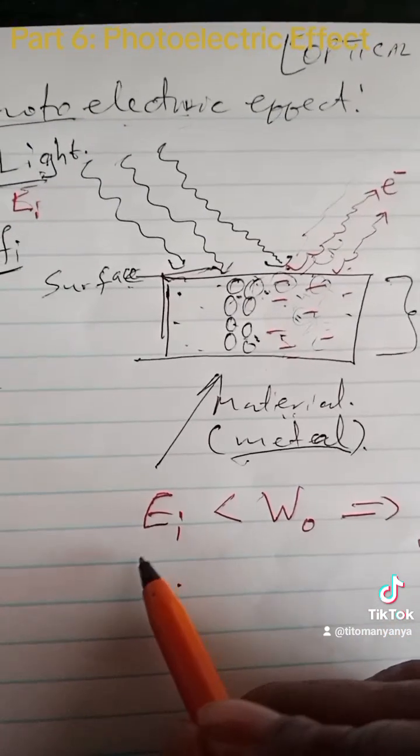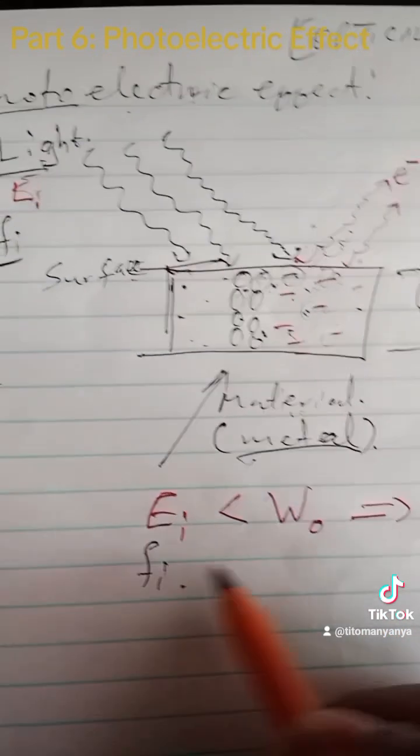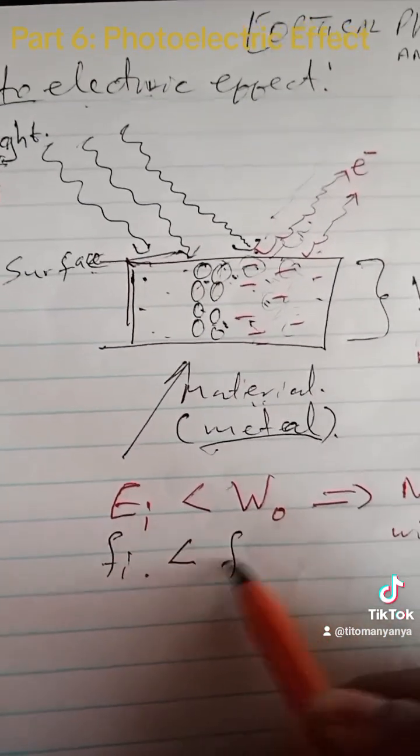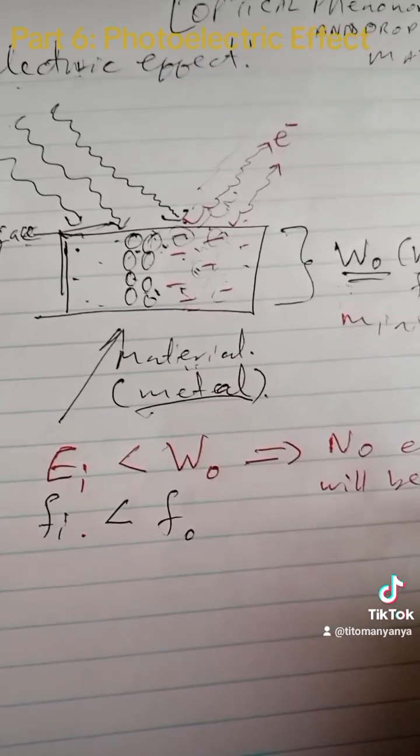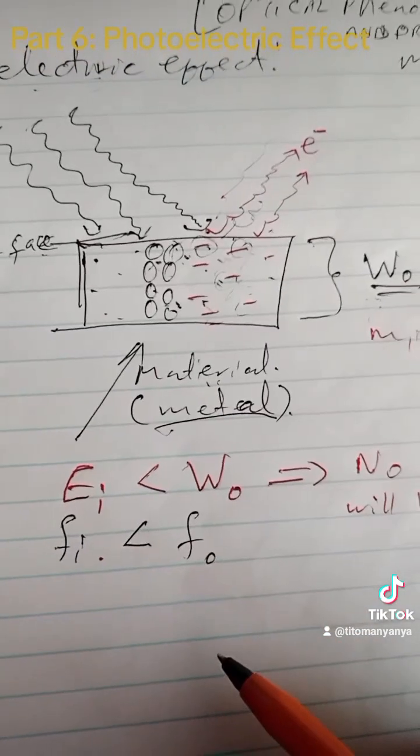We can also say that if the incident frequency is less than the threshold frequency, no electrons will be ejected from the metal surface.